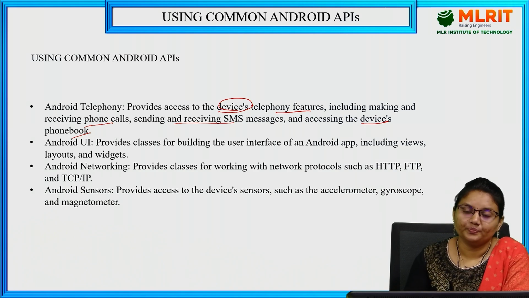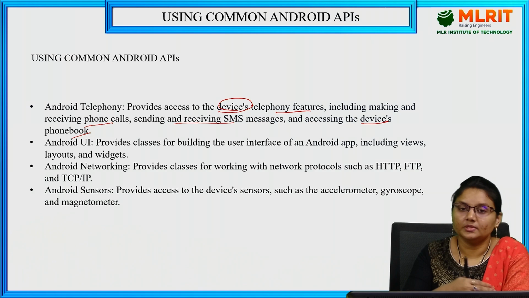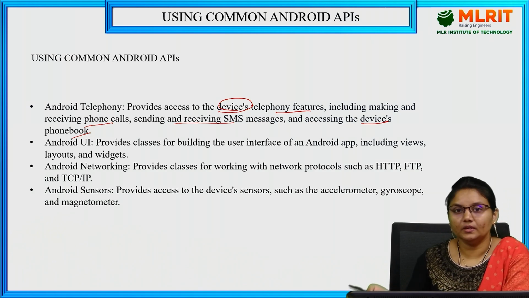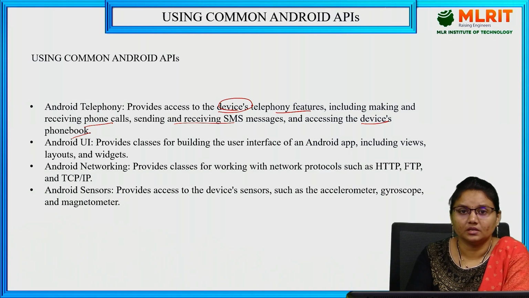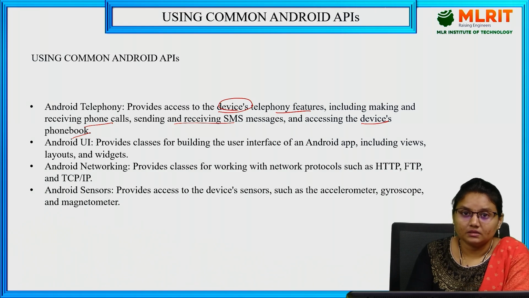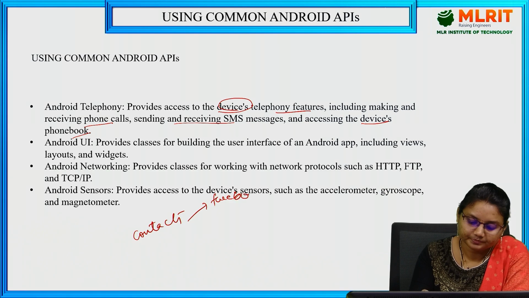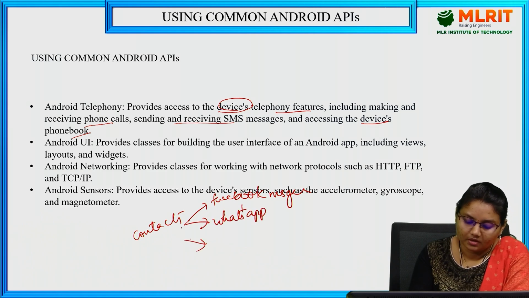It should synchronize with your contacts, so that all the people in your contacts can be added by default, or they can text you from your Facebook Messenger. In that way we are accessing your contacts from external files. So these contacts can be used in Facebook Messenger, or your WhatsApp, or any other application.